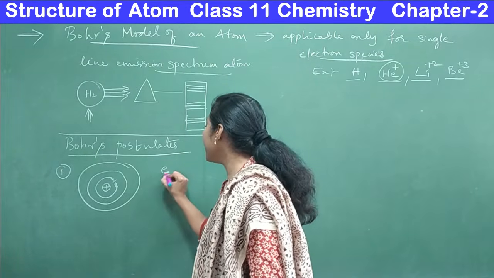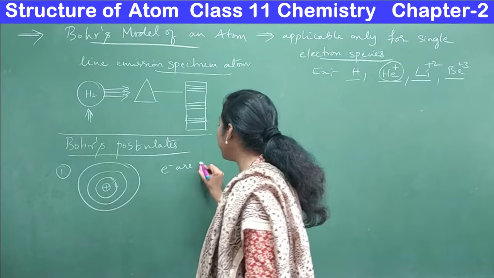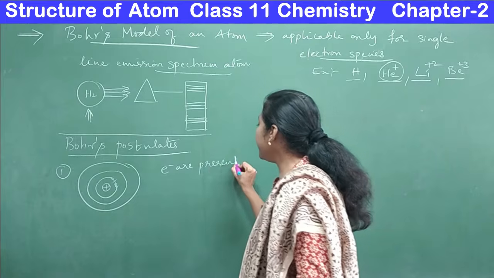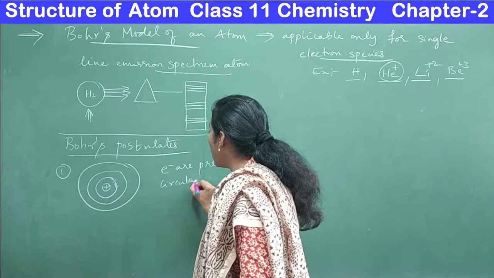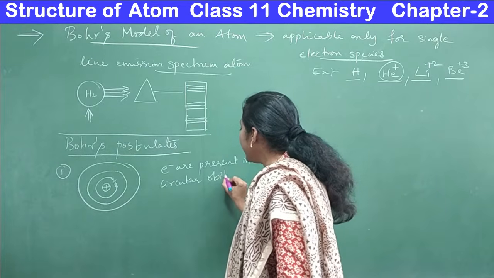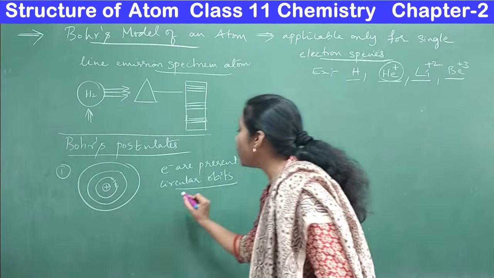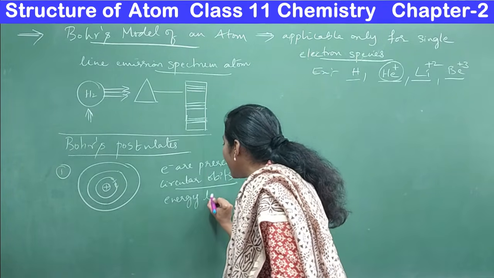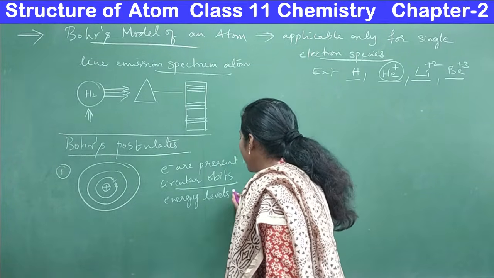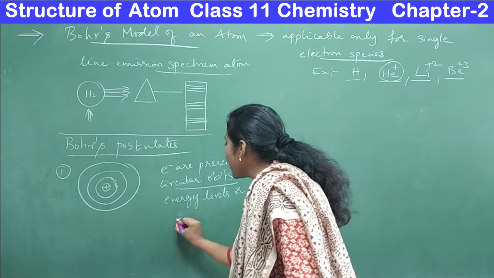So what will I write? Electrons are present in circular orbits. Okay, and these orbits we can also call energy states, energy levels, or stationary states.